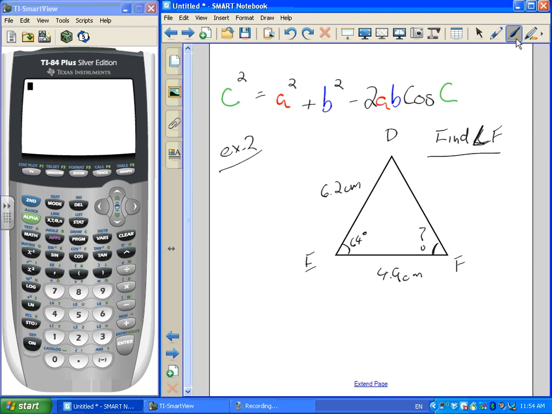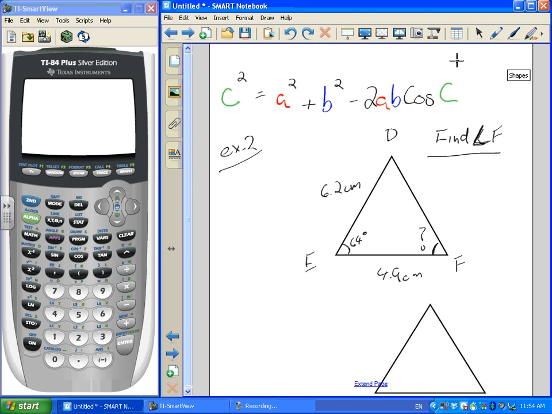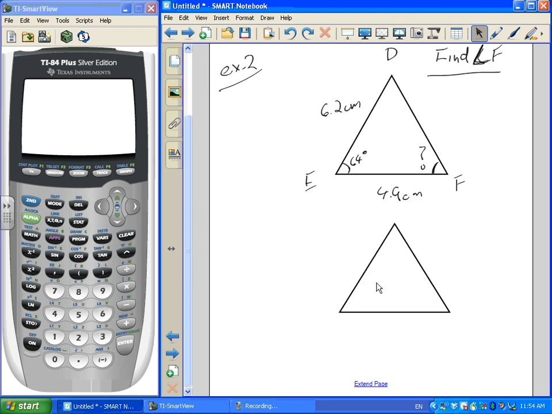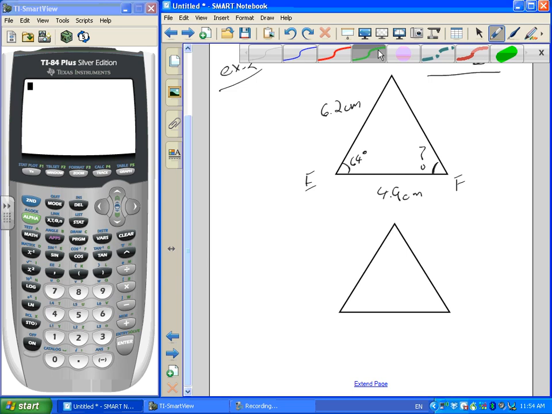Yes. So we're going to rename that triangle. Now, because we're looking for angle F, we're going to call that angle C. Very good.